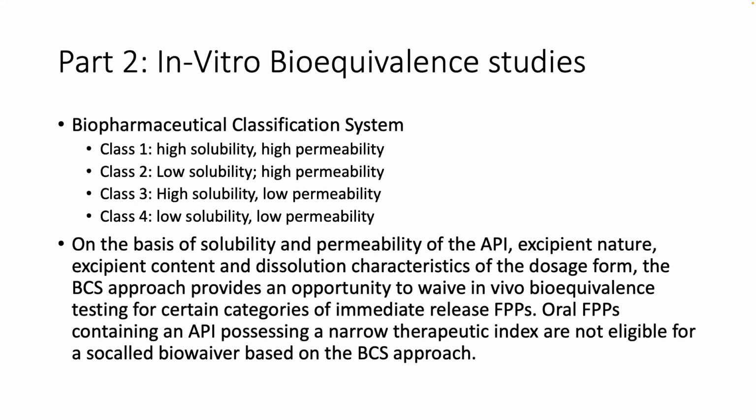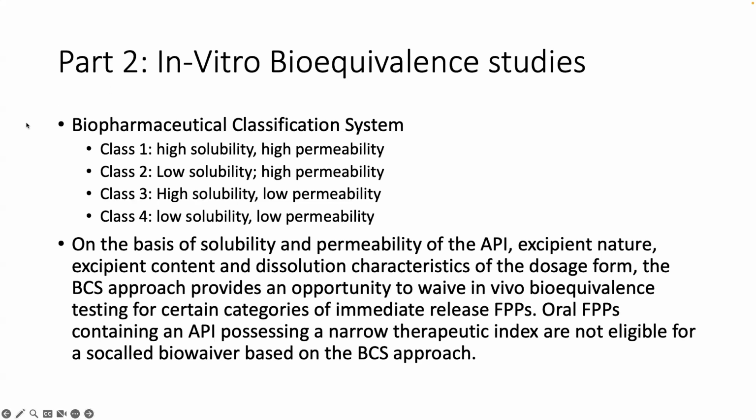It was decided that there's a more scientific way to go about identifying if one medicine is bioequivalent to the other, right? Aside from going through the in vivo, that's in human trials, right? There is a better way, a more cost-effective way to go around this using just bench research.